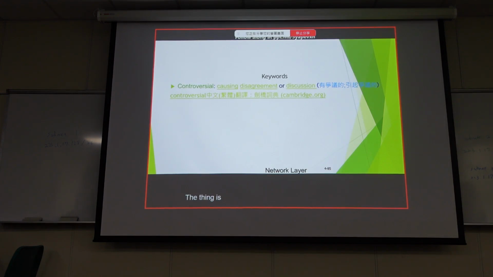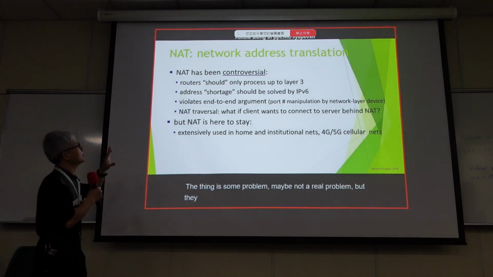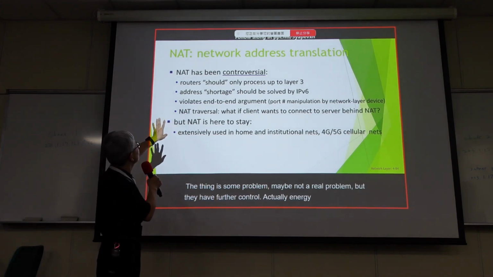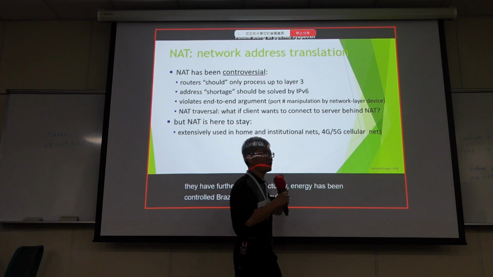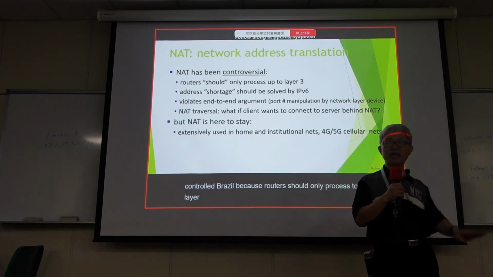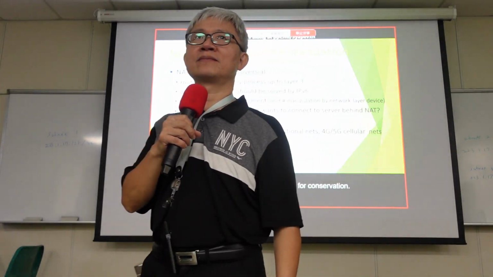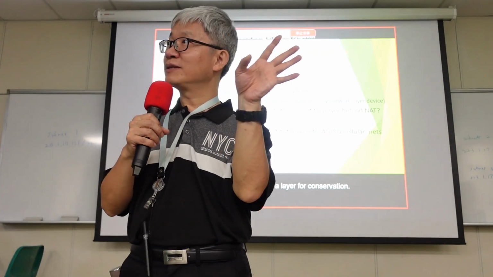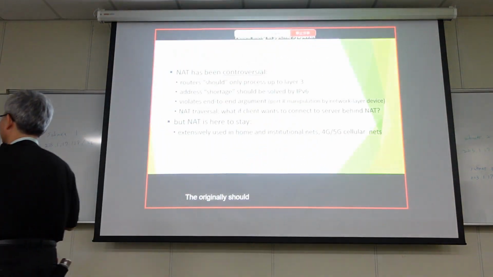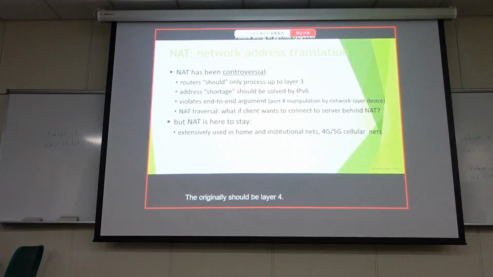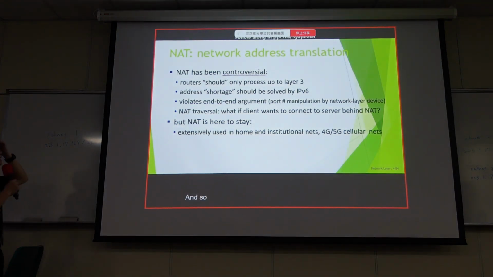Maybe not a real problem, but there is controversy. Actually, NAT has been controversial because a router should only process up to layer 3. But why do we have a layer 4 consideration here? Which one do you think? The port number. The port number should originally be layer 4. Right? So this is the controversy.